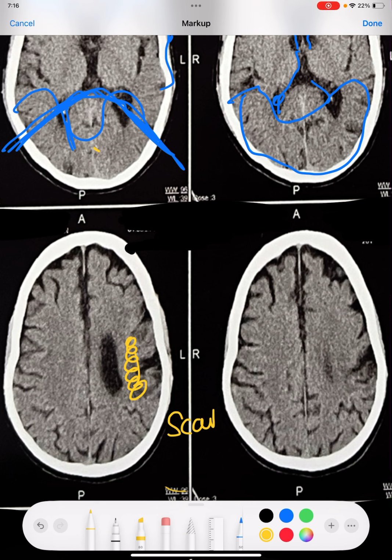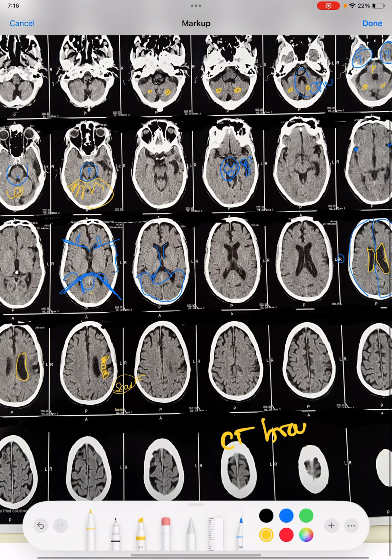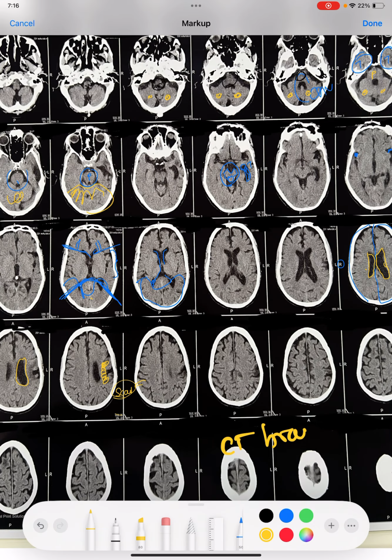This old damage of the brain parenchyma is all scar, and this scar can definitely cause convulsions. So our diagnosis is left MCA territory infarct, causing brain parenchymal loss, causing a scar, and causing convulsions.